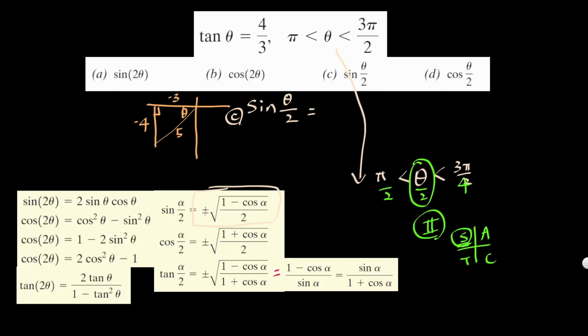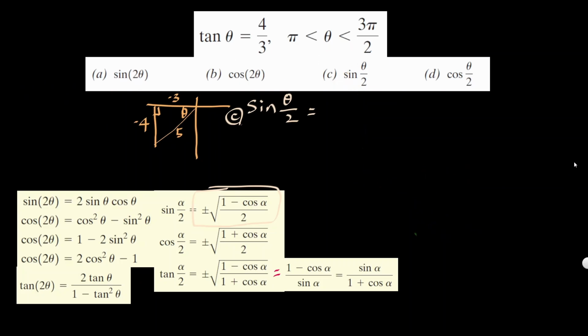So we know that our answer is going to be positive. So it's going to be positive square root of 1 minus cosine of theta now. So cosine theta is going to be negative 3 over 5.